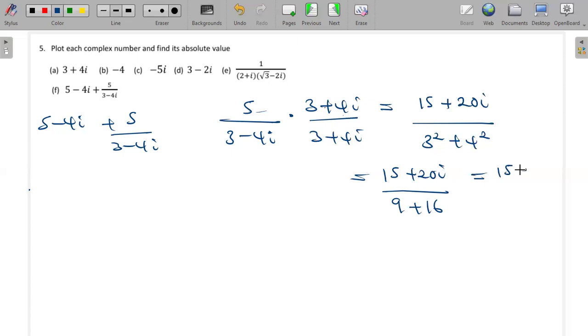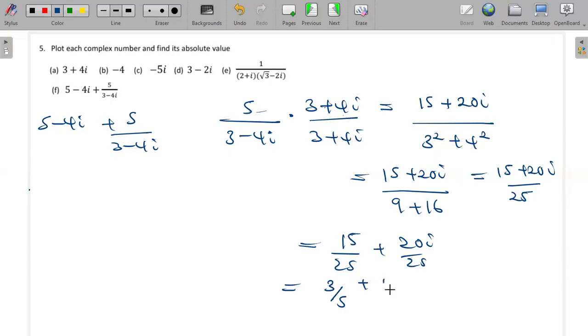Then I have 15 plus 20i over 25. I can divide by 5, so dividing 15 over 25 plus 20i over 25, this is going to be 3 over 5 plus 4 over 5i.